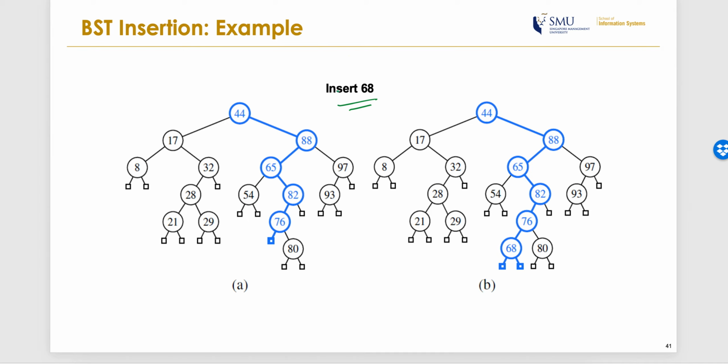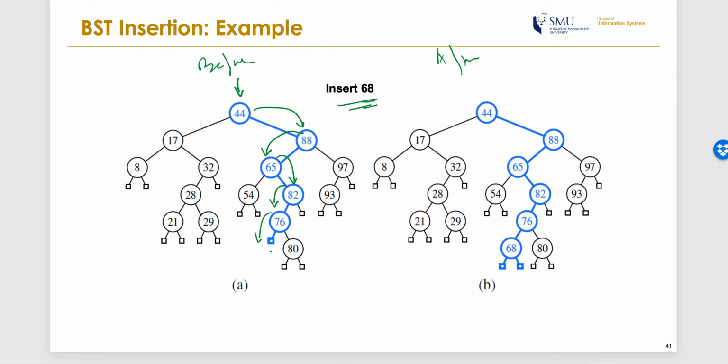Alright, so let's say in this case, suppose that we search for 68 in the tree, and this is basically the before, and this is after, right? Now if we search 68 on this tree, we start at the top. 68 is not 44, it's larger, but it's smaller than 88, so it's going to be going to the left. It's larger than 65, to the right, smaller than 82, smaller than 76.